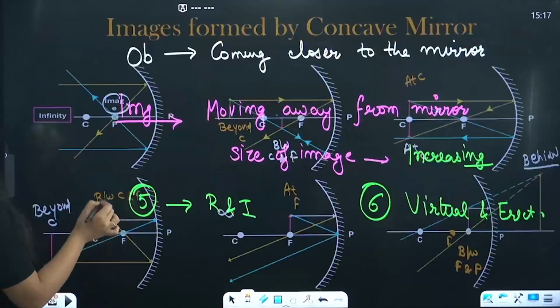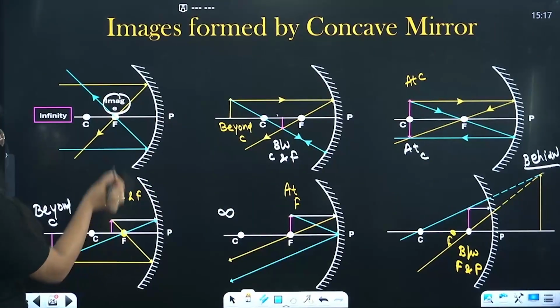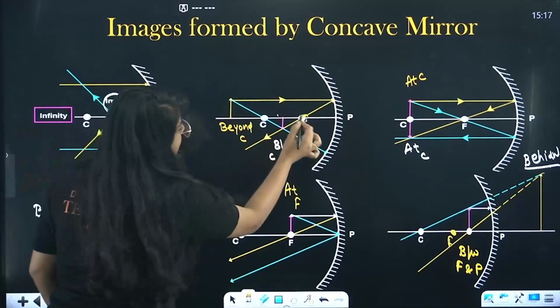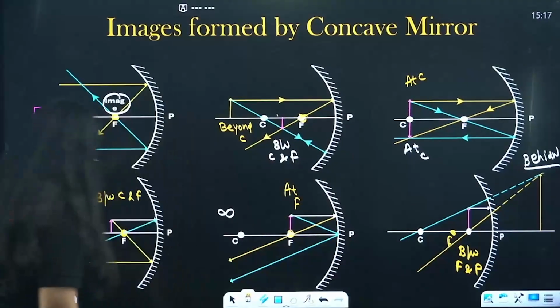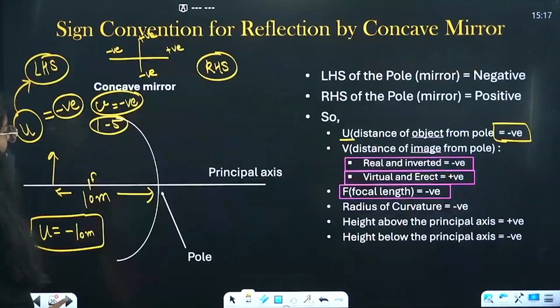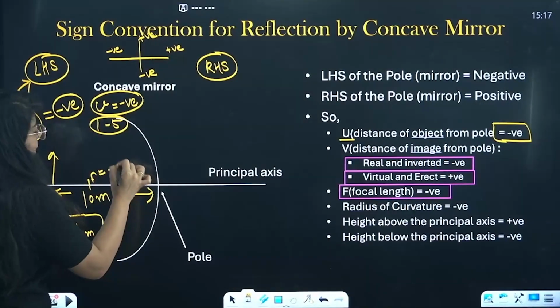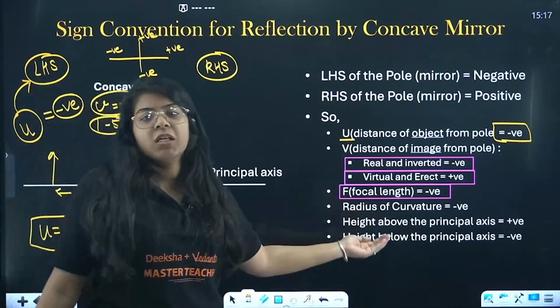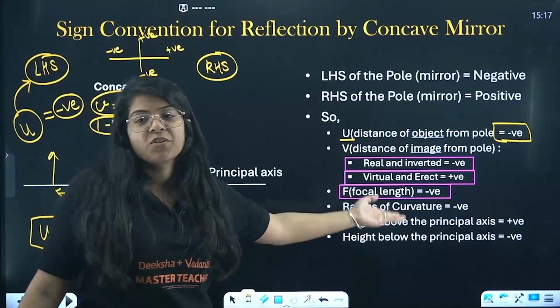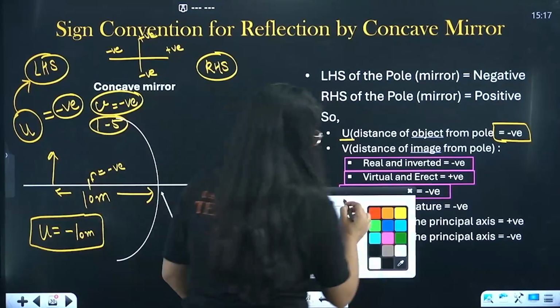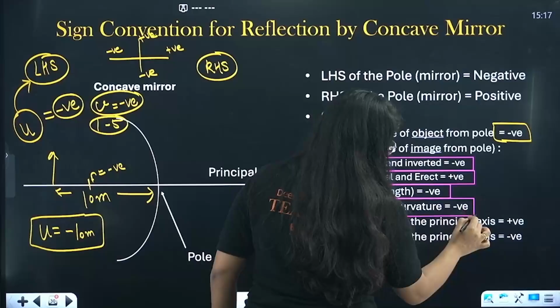Focus is on the left hand side. So focus or focal length beta will also be negative. Focal length is in the direction of radius of curvature. So radius of curvature is also negative.